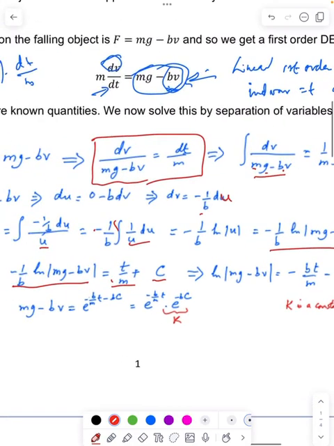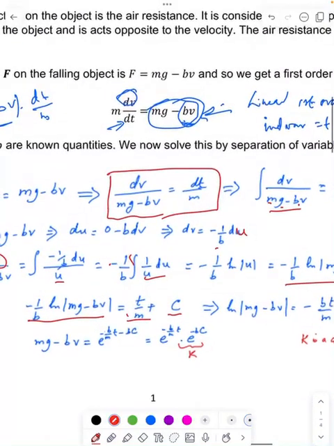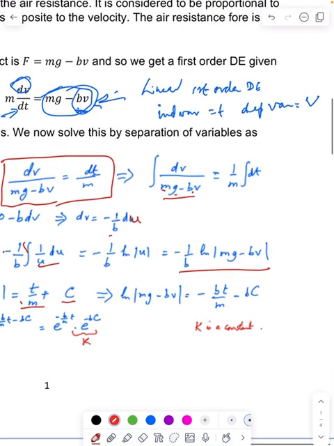So now we multiply the whole equation by negative 1 over b, so that on the left side we are only left with the logarithmic term, and the right hand side becomes minus bt over m minus bc.